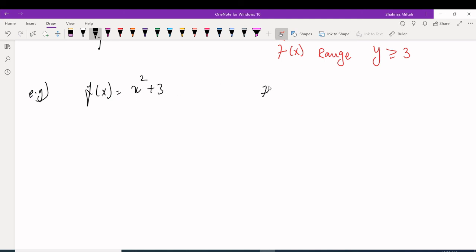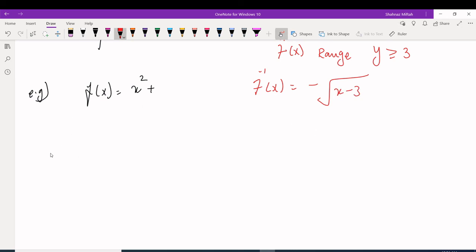Then they said the inverse is, now I want to keep different colors, negative square root of x minus 3. Now the question is, they give you different options.